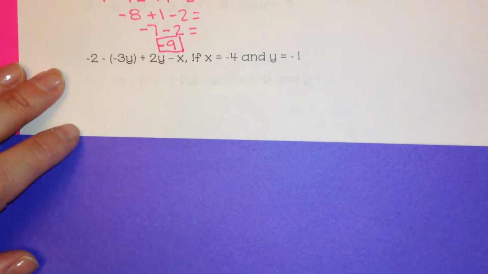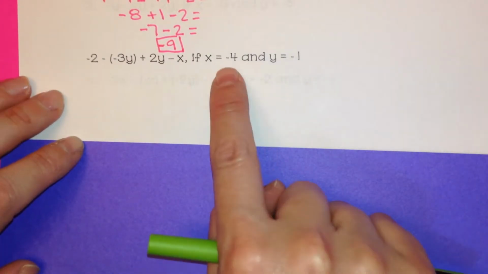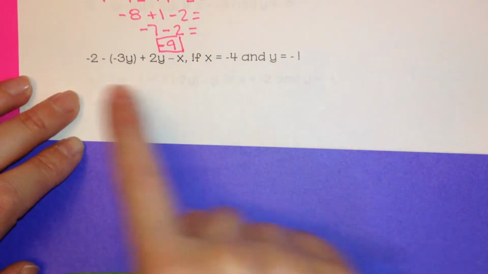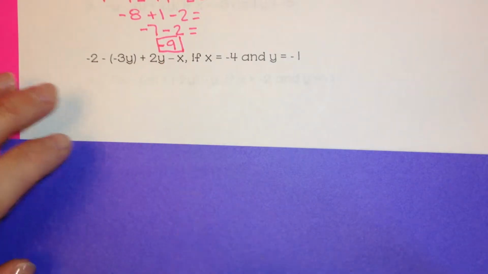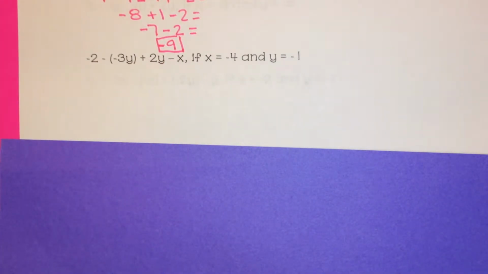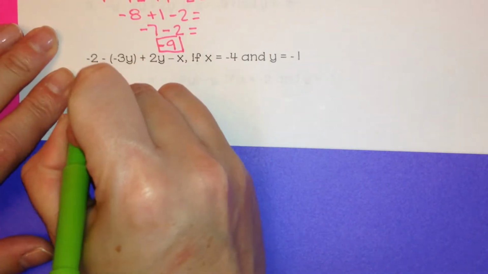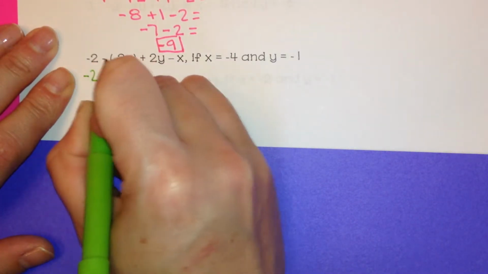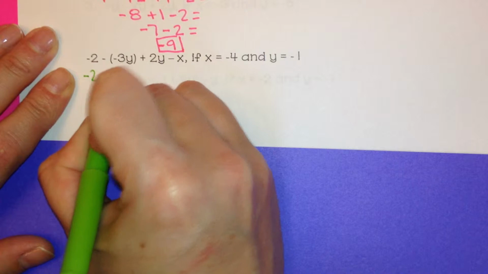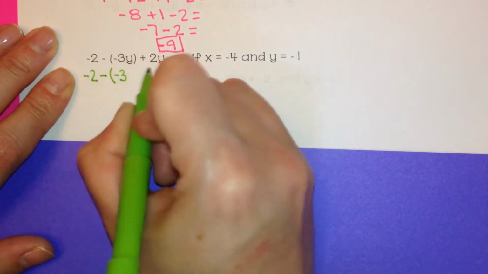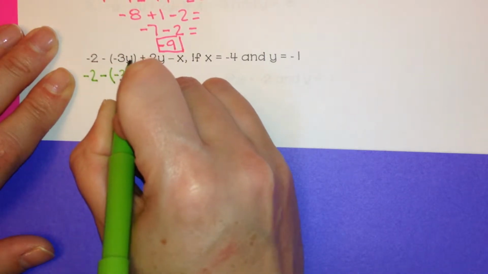Okay, this next one, I'm substituting in negative values. And we do have a lot of negatives, so just take it step by step, pay attention to those negatives and what's happening. So we're going to bring down the negative 2. We have minus negative 3. Remember, this means negative 3 times y.